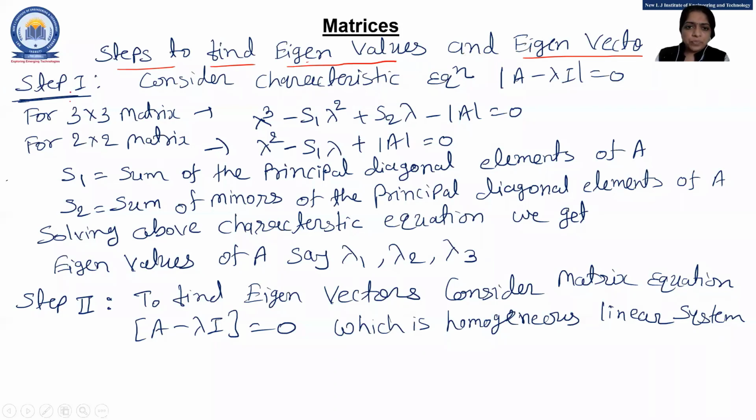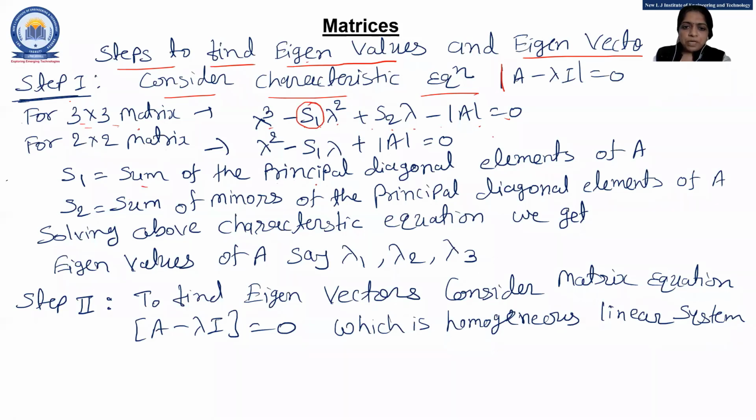My first step: consider the characteristic equation, determinant of A minus lambda I equal to 0. There is a particular equation for a 3 cross 3 matrix: lambda cube minus S1 lambda square plus S2 lambda minus determinant of A equal to 0. And for 2 by 2, this one. What is S1?